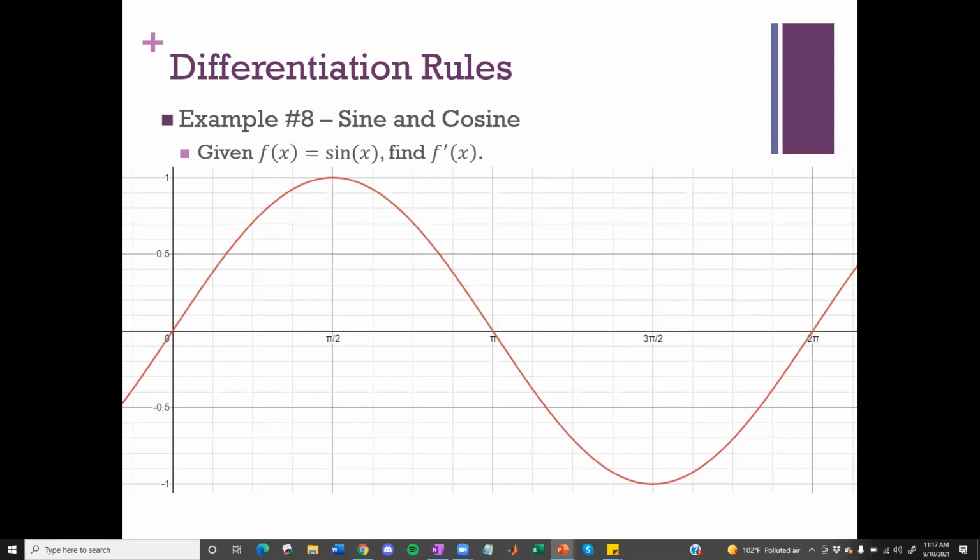Thinking about what the derivative of a function tells us, and I'm showing you the function sine of x, can we say anything about what the derivative is going to be equal to? How come we can say that?